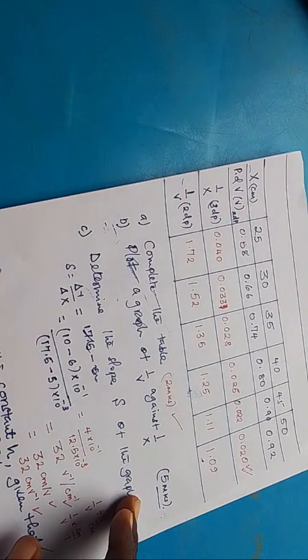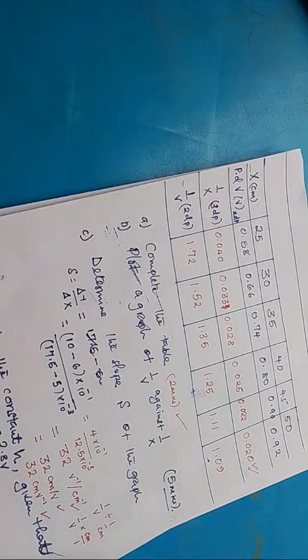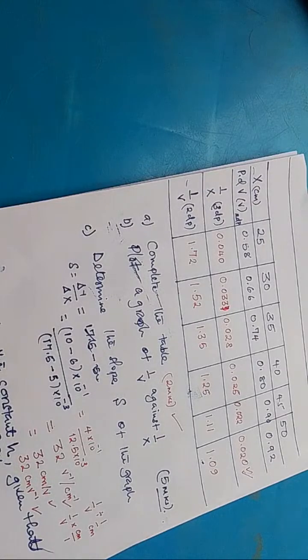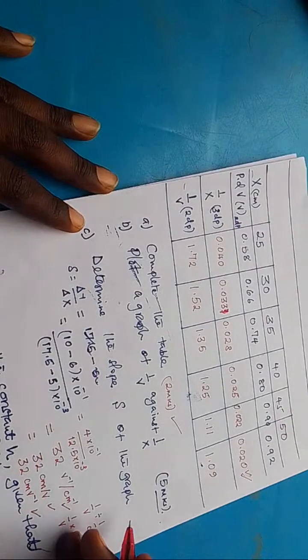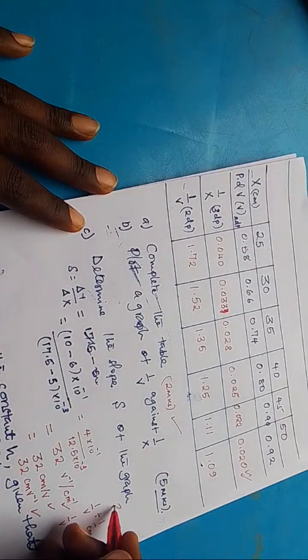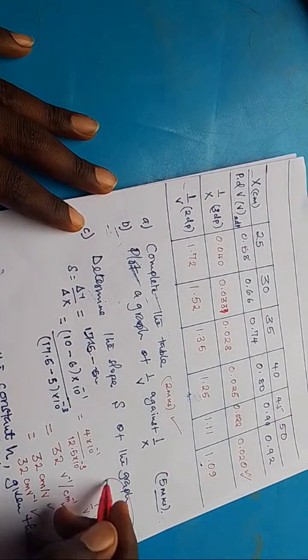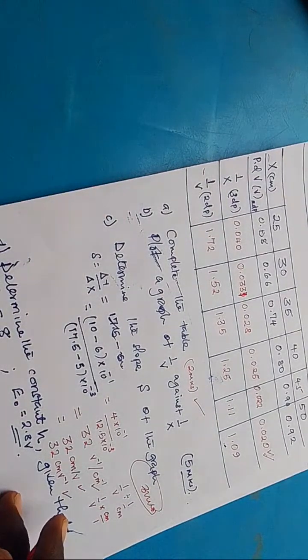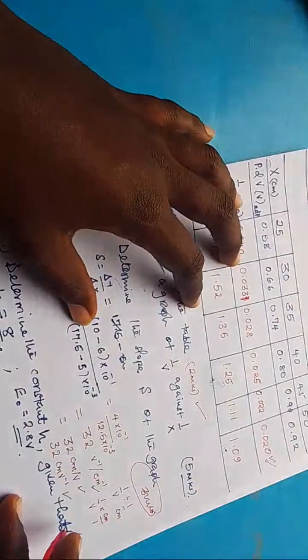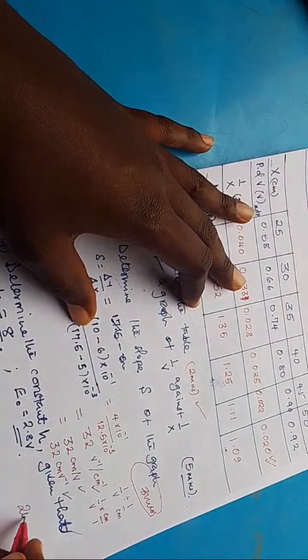It may seem to be a very short question, but this is supposed to be 3 marks. Then this one is supposed to be 2 marks.